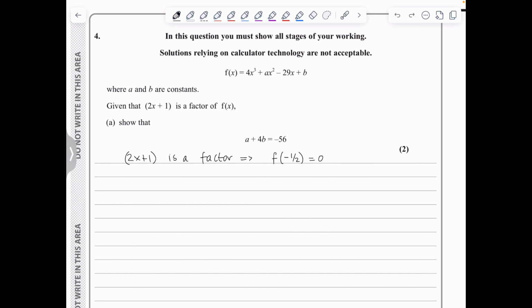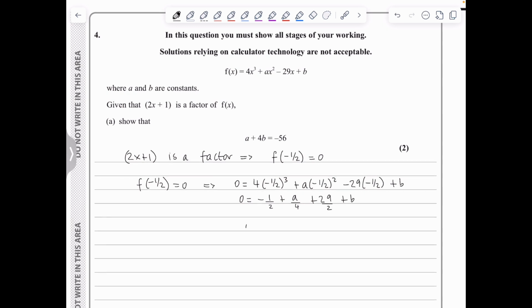So let me substitute x being minus a half. So this leads to 0 is equal to 4 times minus a half cubed plus a times minus a half squared minus 29 times minus a half plus b, leading to 0 is equal to minus a half plus a over 4 plus 29 over 2 plus b.